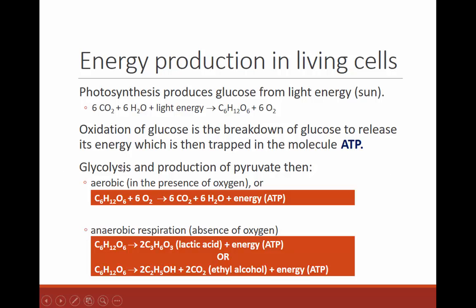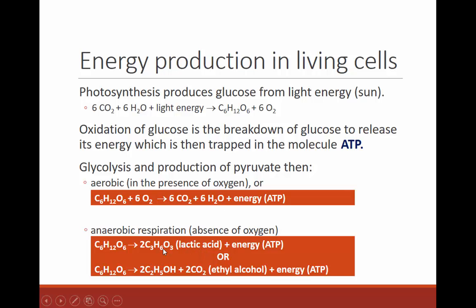Then with glycolysis and the production of pyruvate, that can happen in both an aerobic and an anaerobic environment. So if you have aerobic, it will be, as we expect, CO2 and water plus the production of energy. But if we didn't have oxygen, then this would still be catalyzed, but instead of going to CO2 and water, it would move into lactic acid.